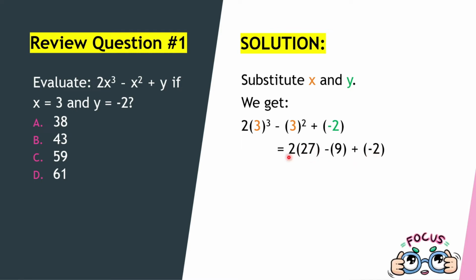So, since wala nang grouping symbols, wala nang exponents, meron lang tayong multiplication, subtraction, at addition. Ano mauuna sa mga yon? Okay, so mauuna si multiplication. So, multiplying this 2 times 27, we get 54. Copy the remaining, negative 9. And this one can be now translated into minus 2.